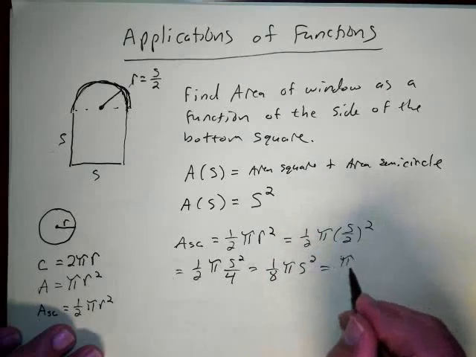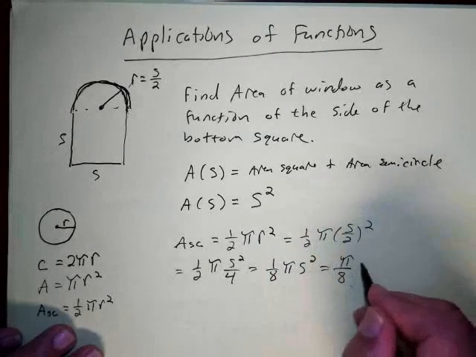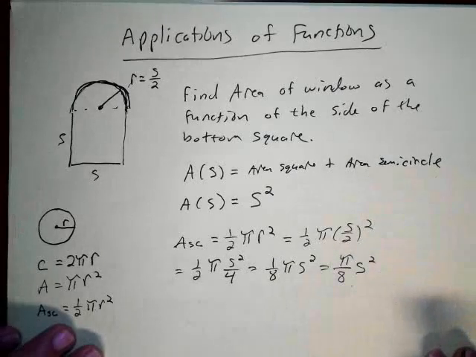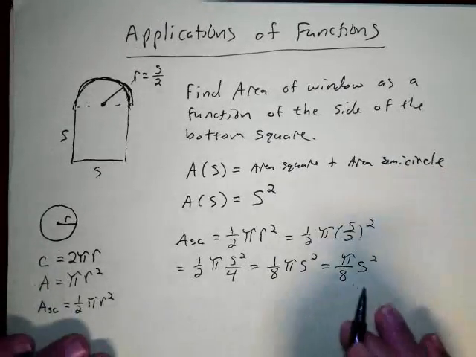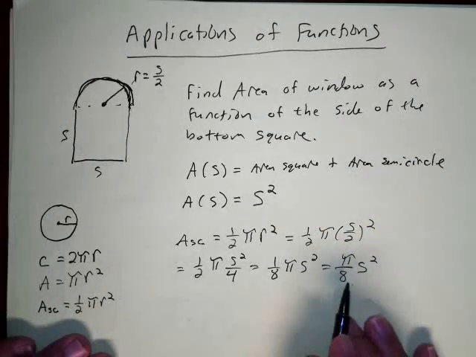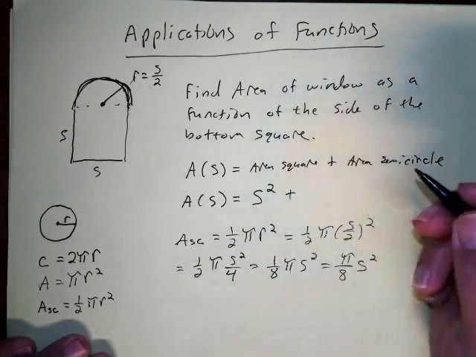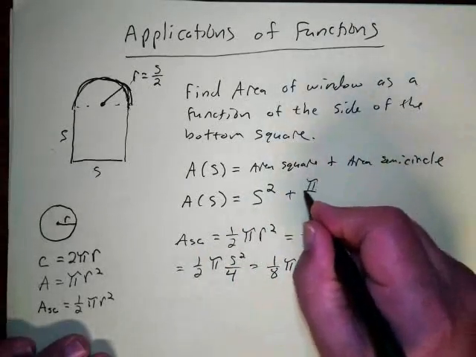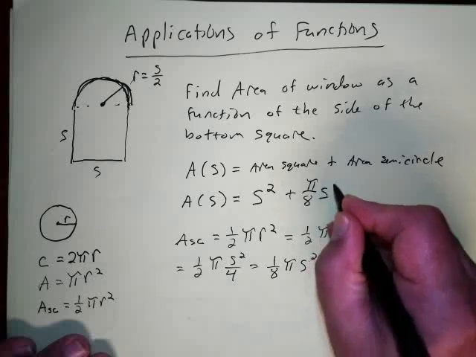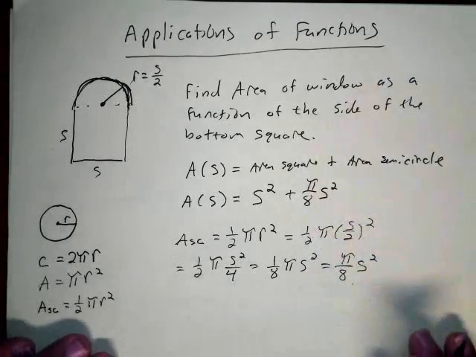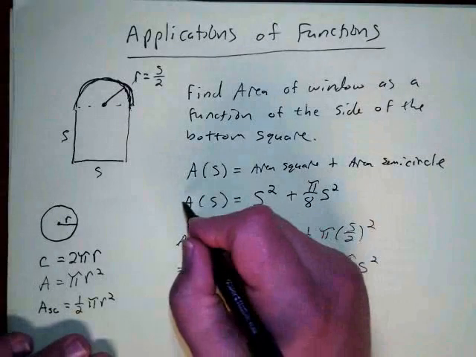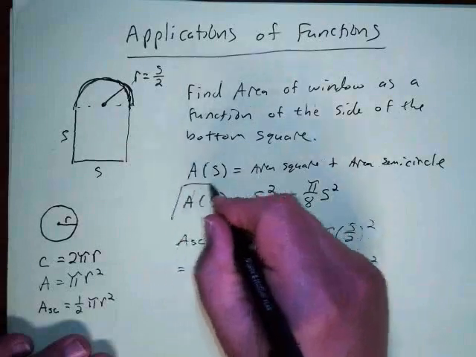Or maybe I could even just write it as pi over 8 times S squared. So this is the area of the semicircle in terms of S, and this is the area of the square. So I can plug this back in: S squared plus pi over 8 times S squared. And so that's my function there.